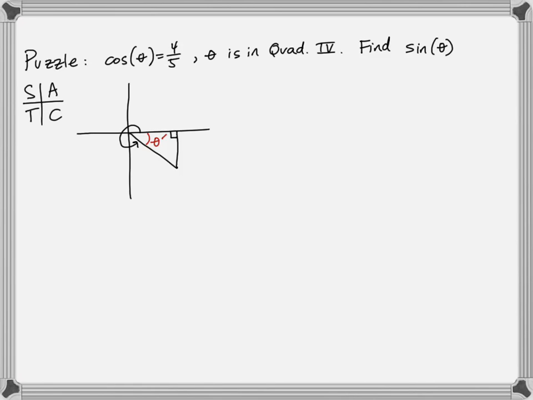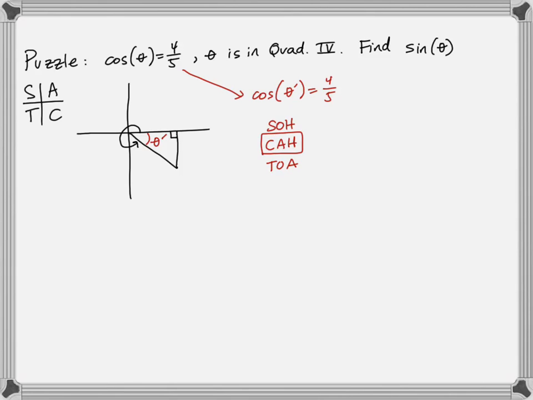So I know that because cosine is 4/5, then cosine of theta prime is also 4/5. Remember SOHCAHTOA: I can make that right triangle follow the cosine pattern for 4/5.